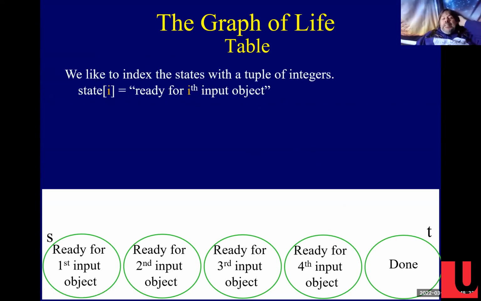Remember when we did dynamic programming for the shortest path algorithm, we had a table indexed with an entry for every state that you might be in. So we want a short integer to name the state, and here the integer is simply the number of which input you're ready for next: 1, 2, 3. Here I'm in state 1, 2, 3, 4. Everybody following this?